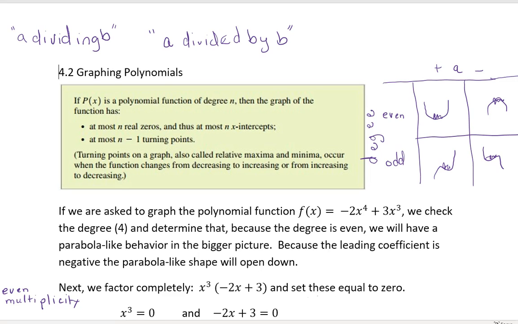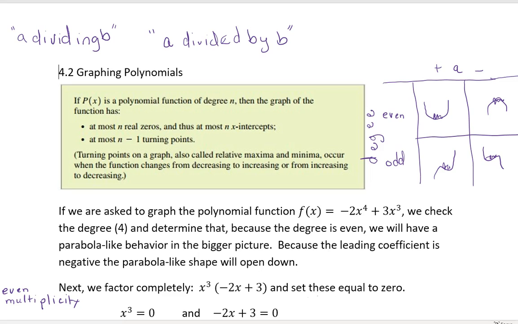So you have this place where it can bend a little bit, but as x goes up, your y is going to go up, whereas if you have a negative A, as your x goes up, your y is going to decrease.